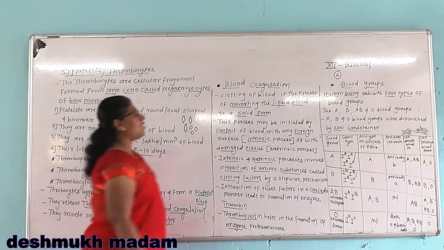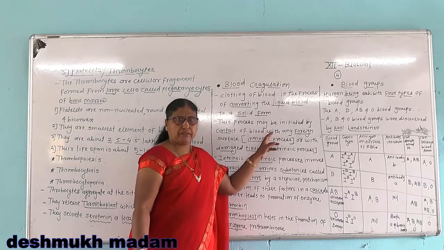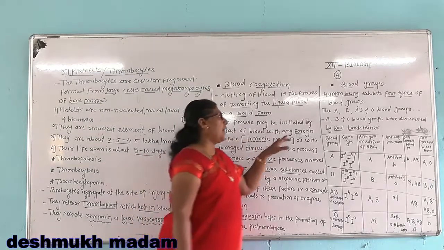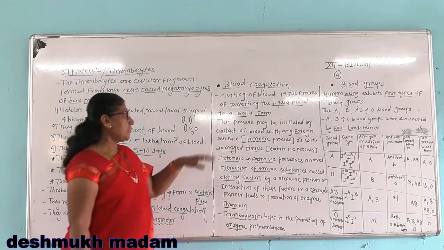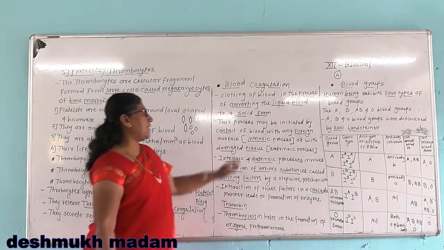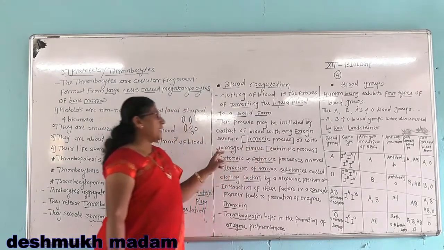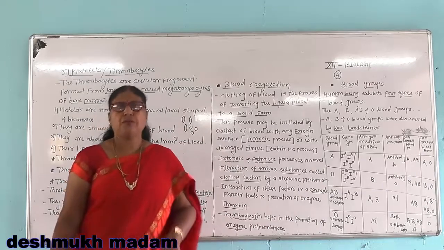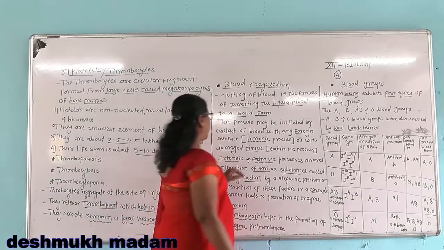Blood coagulation may be initiated by contact of blood with any foreign surface, that is the intrinsic process, or with damaged tissue, the extrinsic process.